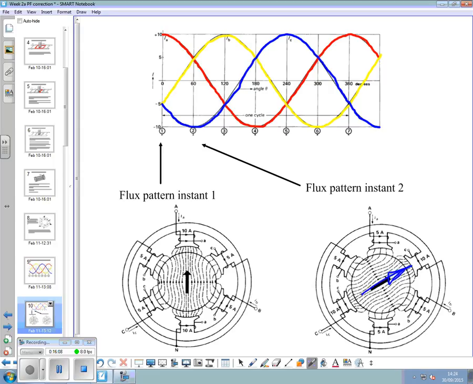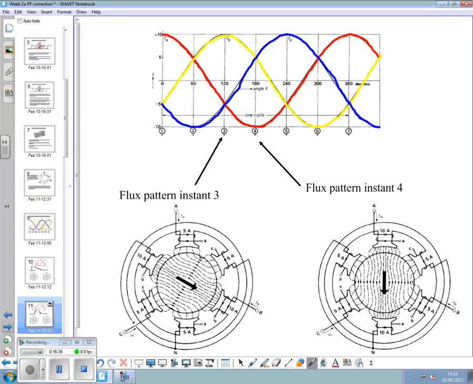So it's pulled the rotor around by 60 degrees. It's effectively creating a field that's not being physically moved by moving the magnets, but it's been changed by the fact that this sine wave is pulling it round the rotor.